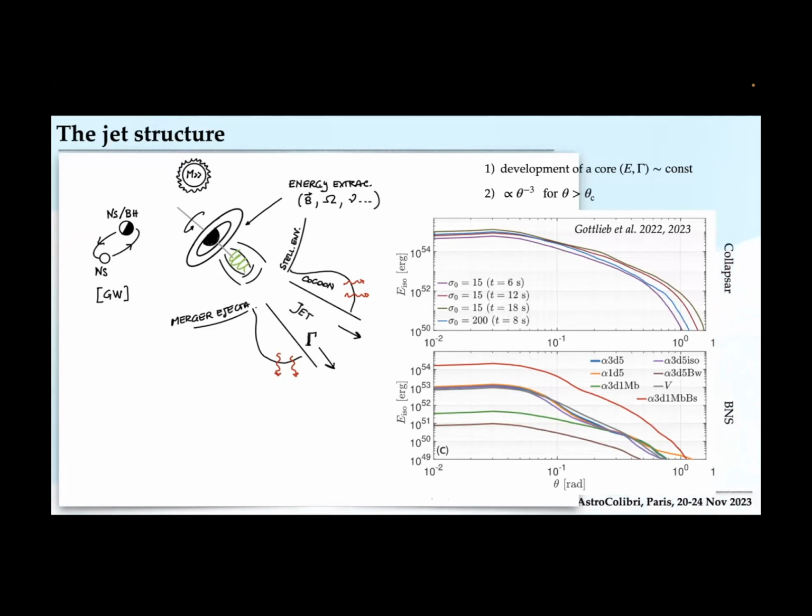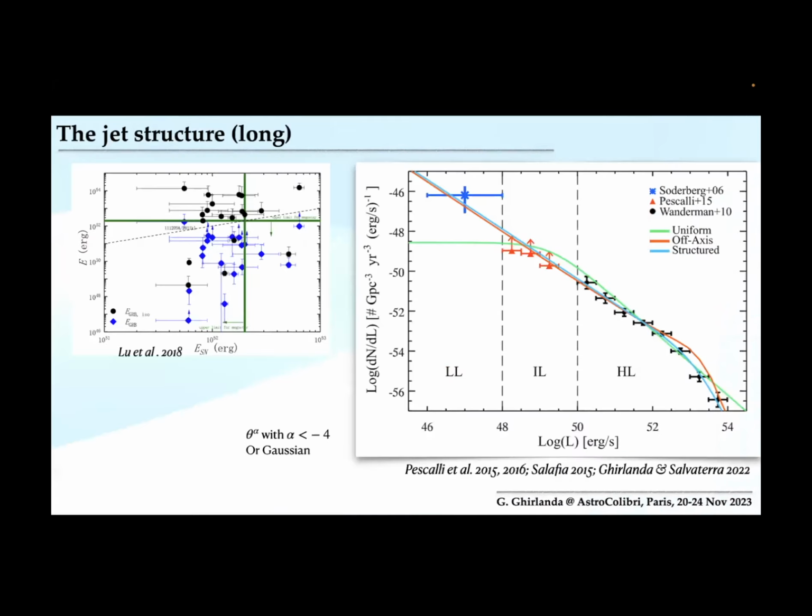So why is this important? For many reasons. I think one of the most interesting is when you look at the energetics of GRBs, here from the emission of the GRB as a function of the energetics of the associated supernova, these are long gamma rays.